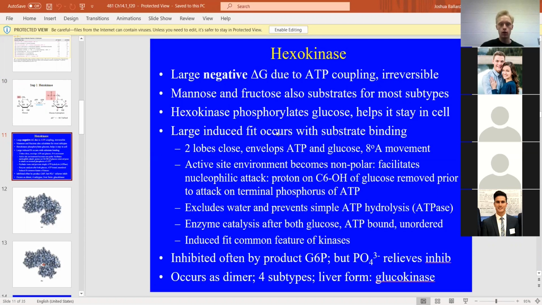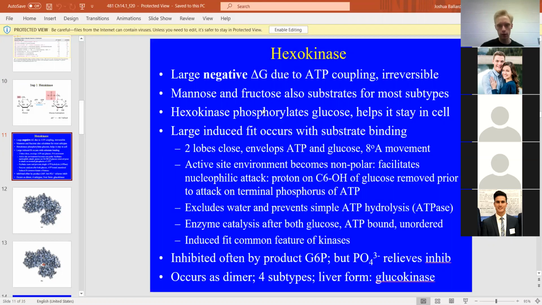And so also mannose and fructose, we'll talk about this a little bit later, in chapter 15, maybe it's in chapter 14, real quick. The feeder pathways, that's what's referred to. So in different feeder pathways, hexokinase can also cause a phosphoryl group to be donated to either mannose or fructose.